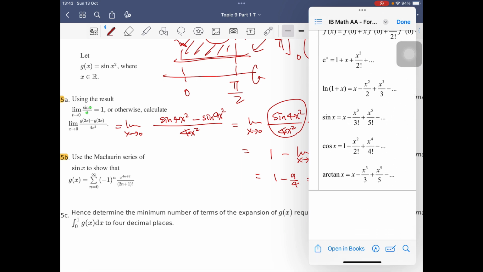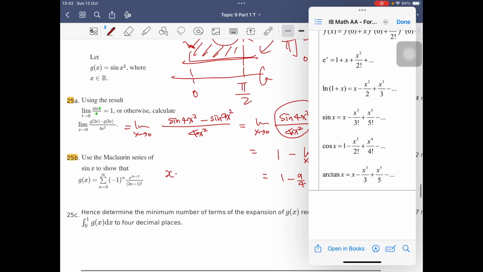X minus the, so this has only the odd degree. So x, x cubed, x to the 5, something like this. Actually, we can consider it has the denominator 1 factorial.